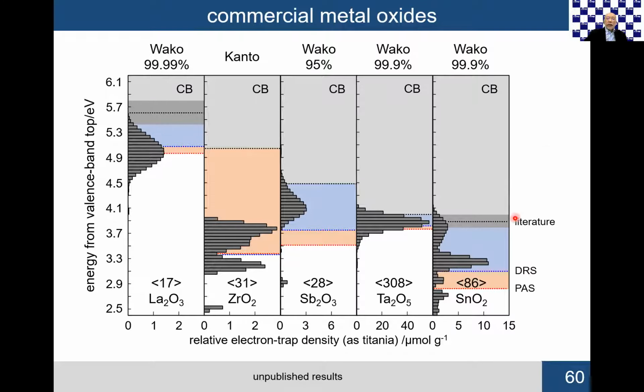The wide bandgap semiconductor or insulator also gives the ERDT-CBB pattern. For example, lanthanum oxide has a very high energy peak, about 5 electron volts. And for tantalum oxide, that is higher than 3.5 or 3.7. Antimony oxide also shows it. And zirconia, this is not a semiconductor, it is an insulator.